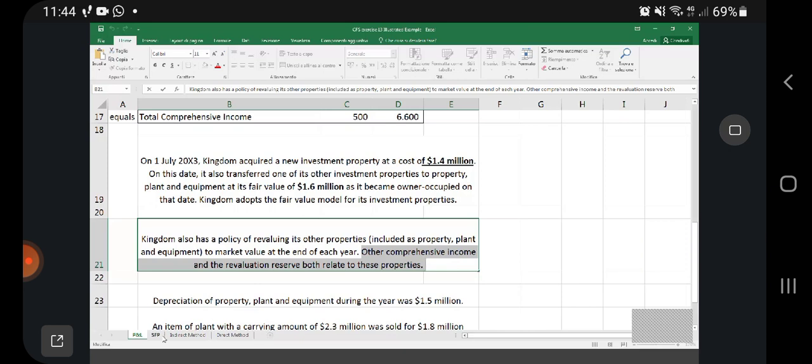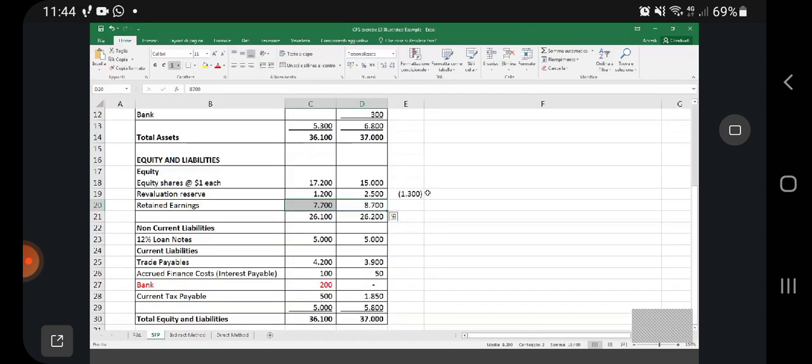We have also retained earnings. We have a decrease in the retained earnings over here, you see? Now the retained earnings difference, let me show, from the beginning to the end of the year, is a decrease by 1,000. Who can tell me why we have decreased the retained earnings?